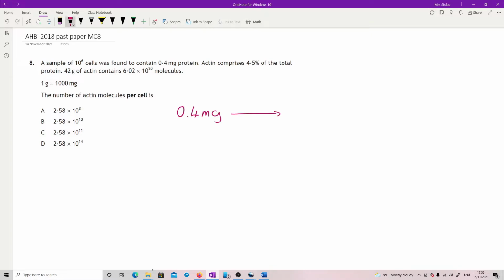Okay, so what that really is, if we take 0.045, because it's 4.5% of that, that would tell me that in reality I have 0.018 milligrams of actin. Okay, what I then did is just a straight proportion.